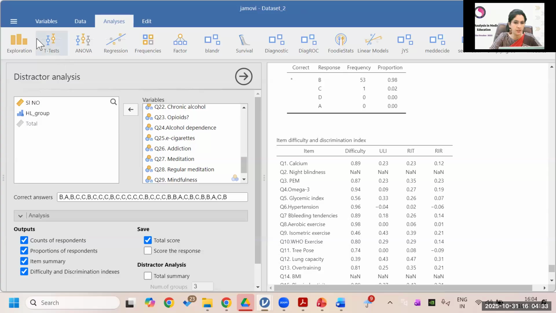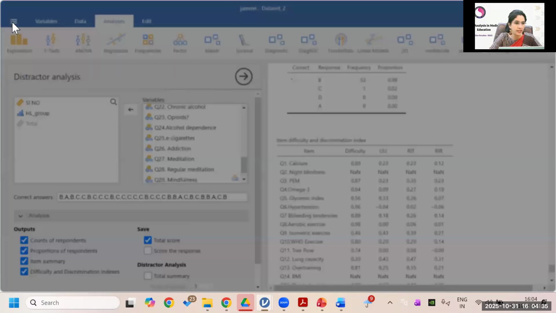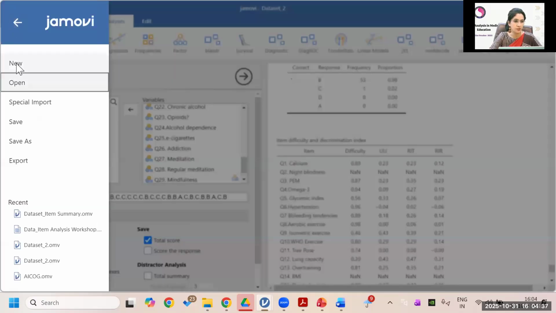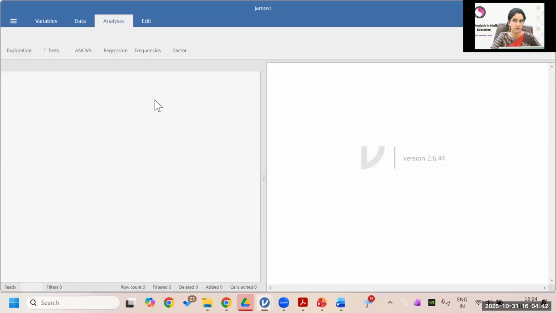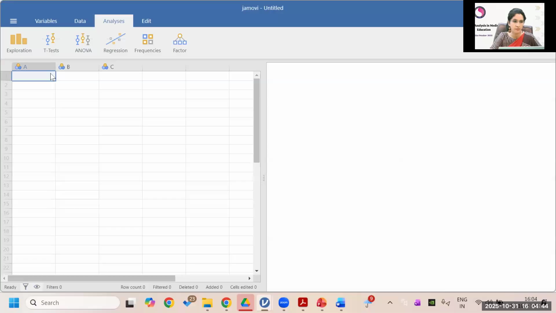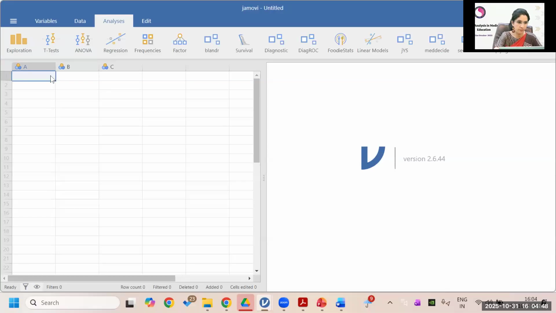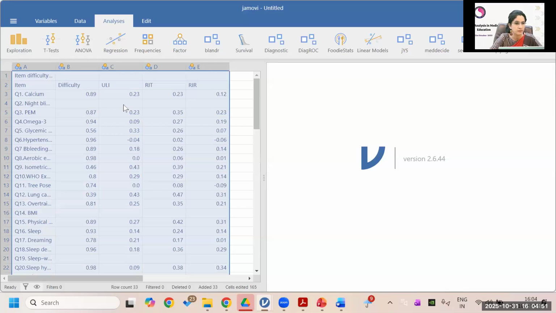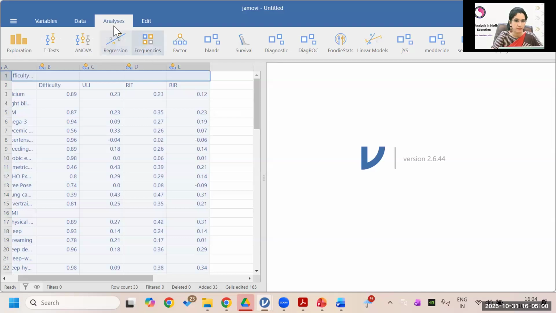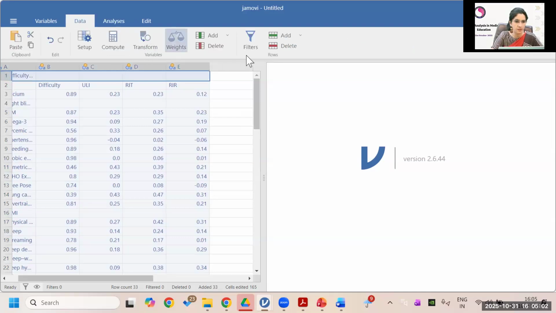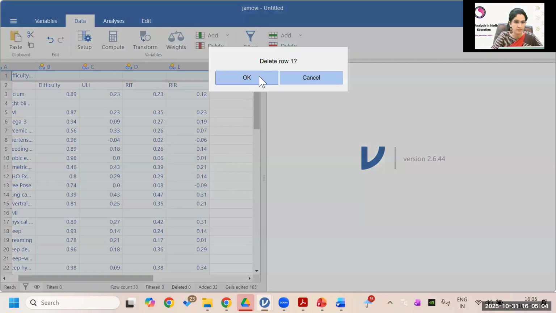So from here only, click this and open a new sheet. And then copy paste that. And then I'll delete this. To delete, you can go to this and delete this.